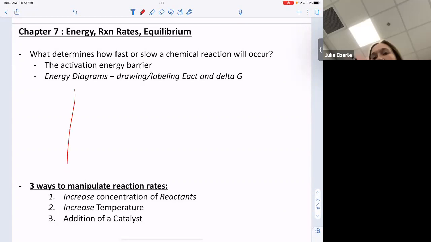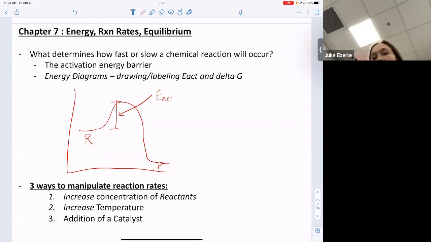So you've got an energy diagram like this, and here's the energy level of your reactants, and you've got some sort of energy peak. The difference between the reactants and the top of that peak is your activation energy, which I abbreviate E_act. If that's a really big peak, then it will be a slower reaction.